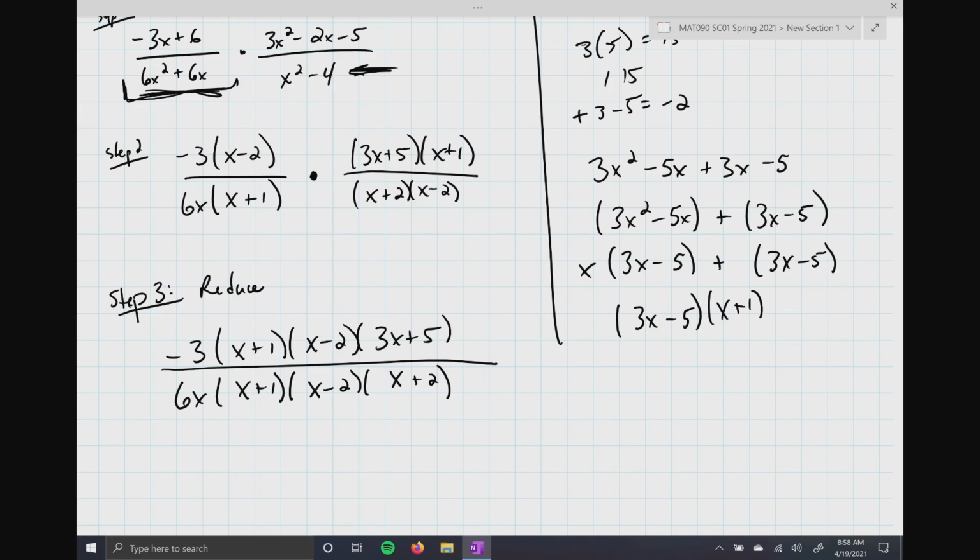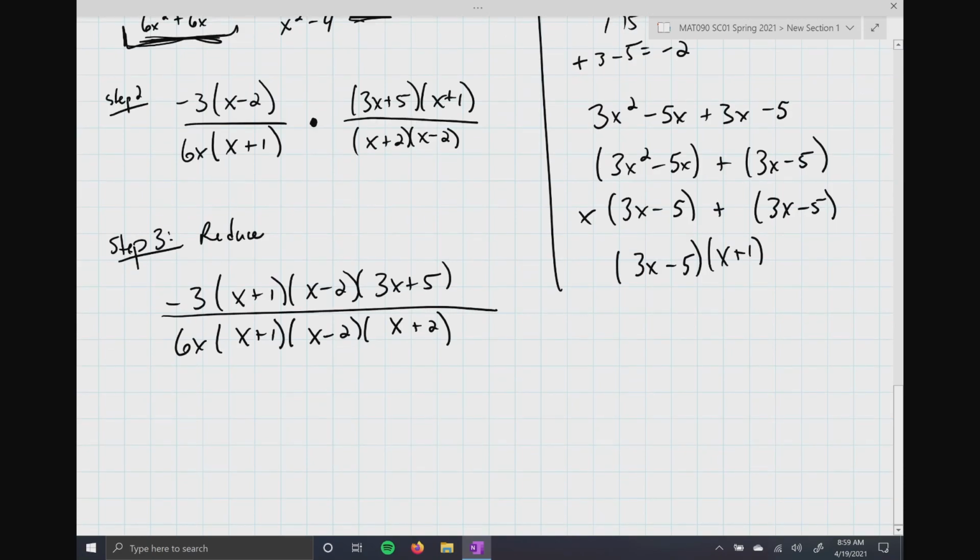Remember, when you're multiplying, x plus 1 times x minus 2 is going to be the same exact thing as x plus 2 times x minus 1. The order doesn't matter. So the only thing I did is I rewrote the entire numerator and the entire denominator so things that are the same are on top of each other. And the reason why I did that is so I could easily simplify. So I'm just going to copy and paste this.